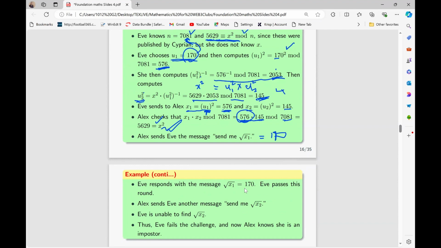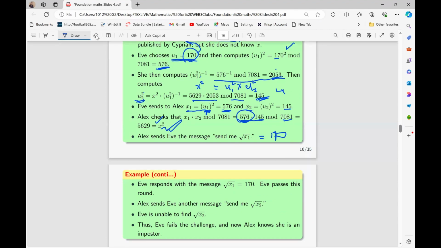And she's not able to do that. She's not able to get the square root of x2. That's a very difficult question for her. What she knows is the square root of x1, because this is the u1. U1 is the one which was squared to give you x1.